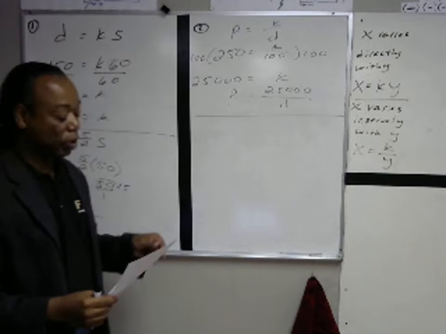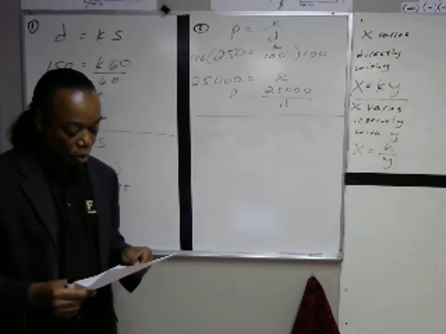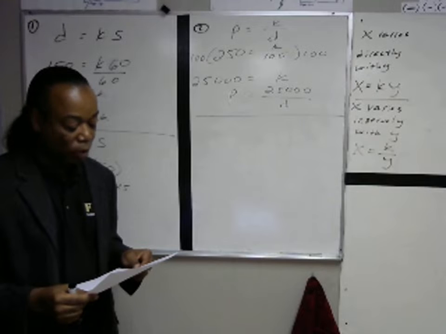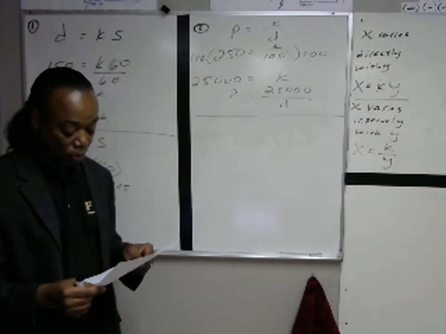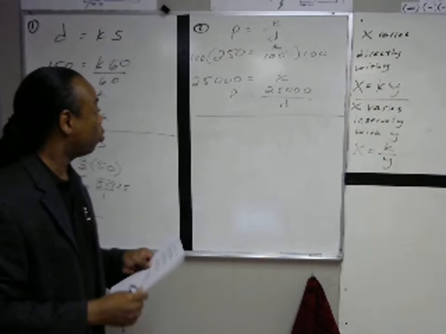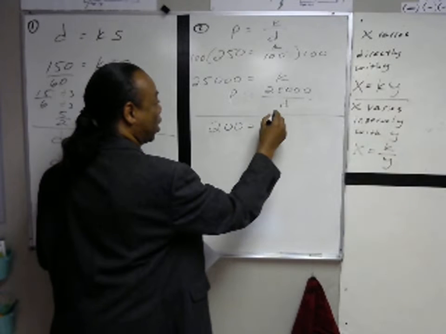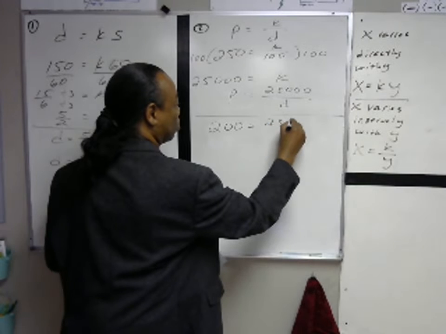And that's our inverse equation. The question now is, how many units will be in demand if the price is $200? So we need to put $200 in for the price and find out what the demand is.